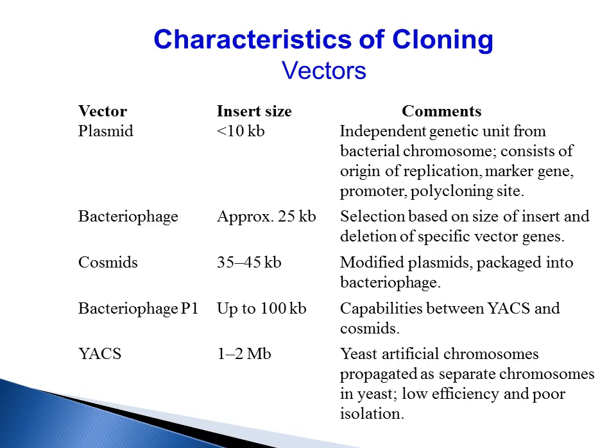Bacteriophages, you can insert approximately 25 kilobases of DNA. Bacteriophages are commonly used for gene therapy. Cosmids, you could put larger pieces of DNA, 35 to 45 kilobases. YACs or yeast artificial chromosomes, you can put 1 to 2 megabases. So those are for putting in huge pieces of DNA.